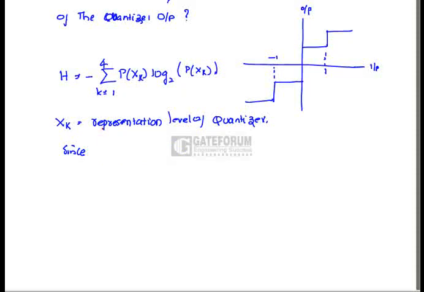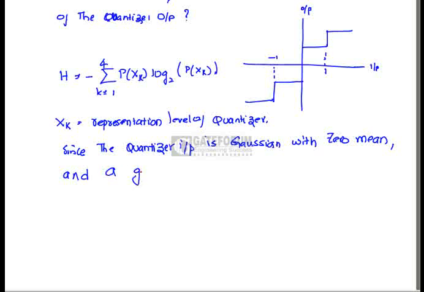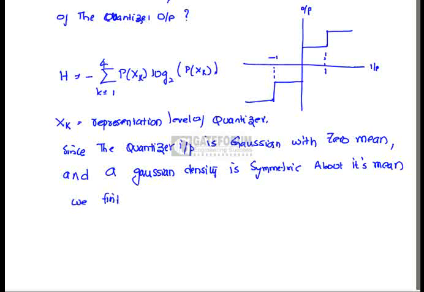Since the quantizer input is Gaussian with zero mean, and a Gaussian density is symmetric about its mean, we find that probability of x1 equals probability of x4 and probability of x2 equals probability of x3.